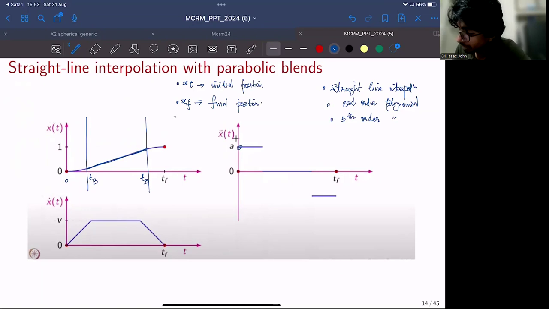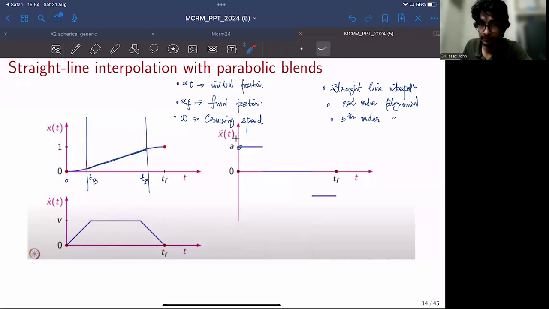You will also be given a cruising velocity or cruising speed. The cruising speed is nothing but the constant velocity at which the mechanism moves from this point to this point.